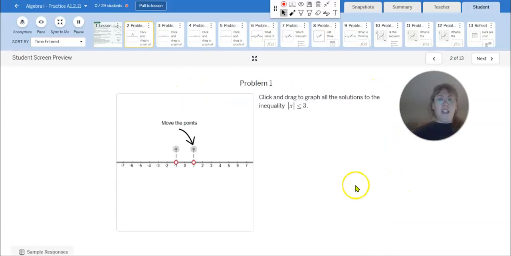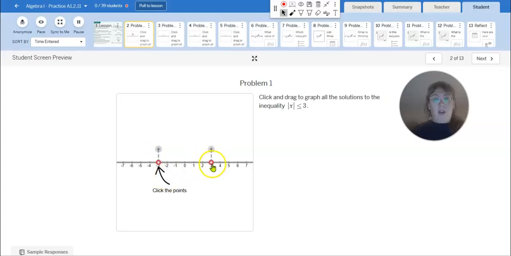So let's take a look at slide 2. It says click and drag to graph all the solutions of the inequality absolute value of x is less than or equal to 3. So we want to be 3 spots away from 0, right? We're looking at the distance from 0. So the numbers that are 3 spots away from 0 are 3 and -3.